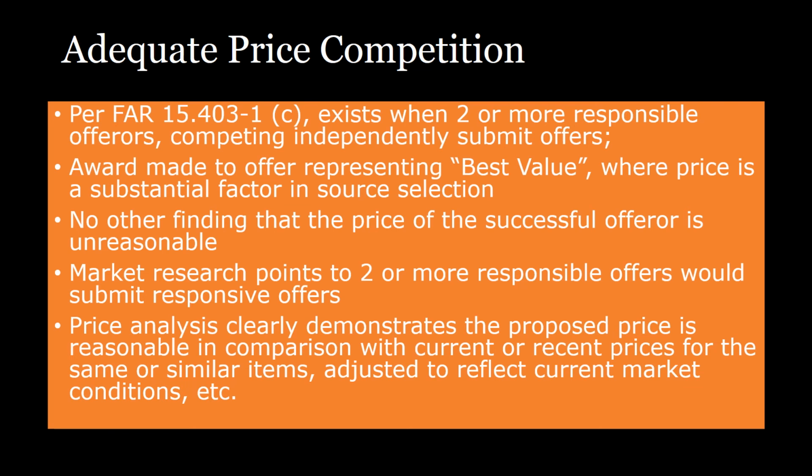Equally important is that the market research points to two or more responsible offerors who would submit responsive offers. In other words, if before going to bid you already know from market research that there's only one source, you're probably better off exploring a sole source approach. Which is a good transition to our next concept.